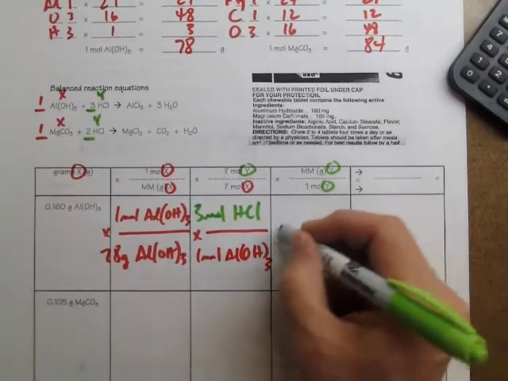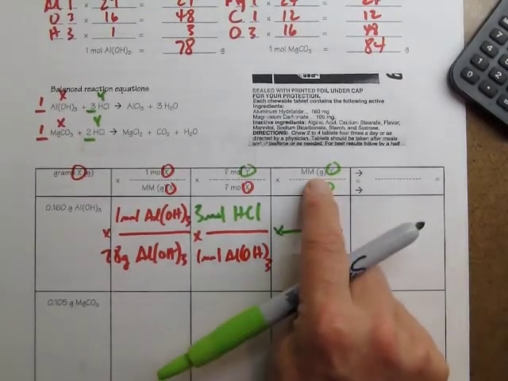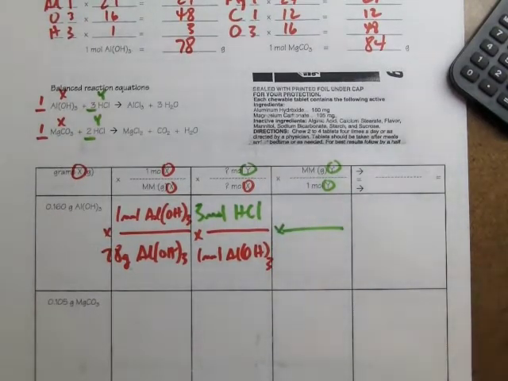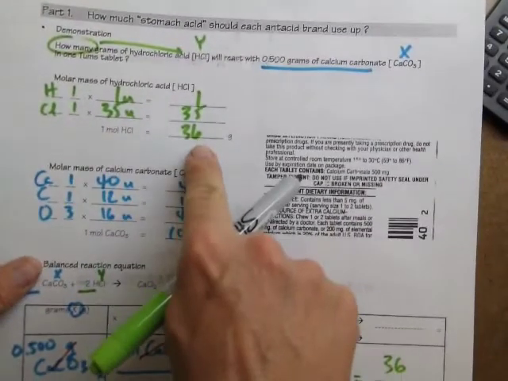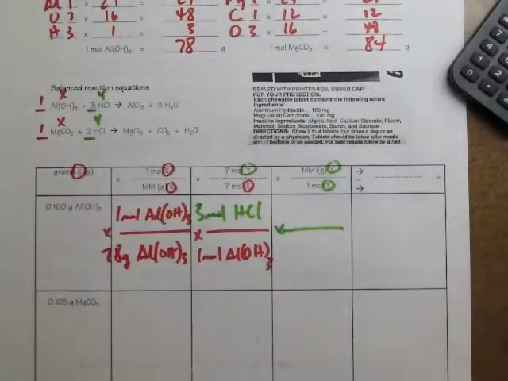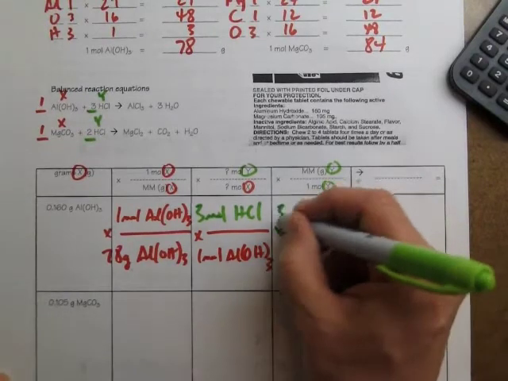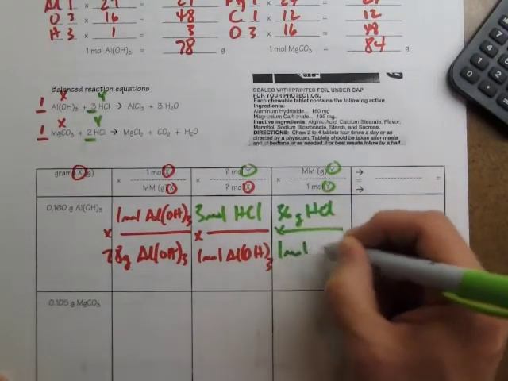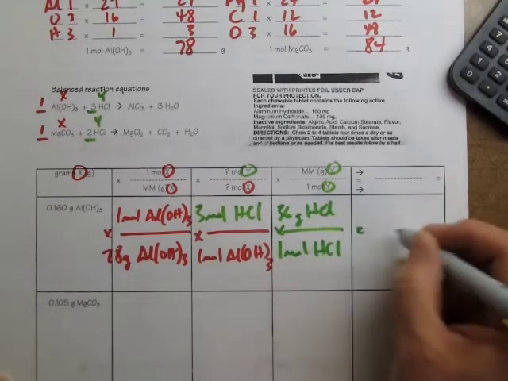And then the last step, the molar mass of our Y substance, which we calculated already. We calculated that when we did the calculation earlier for the Tums, 36 grams. 36 grams of hydrochloric acid in 1 mole of hydrochloric acid.